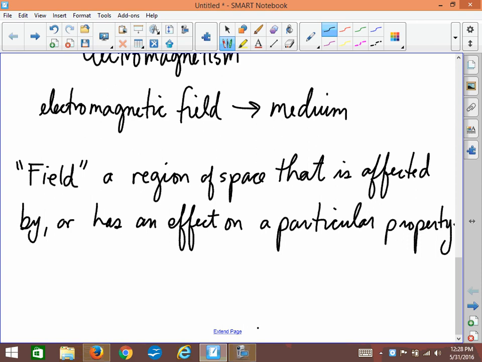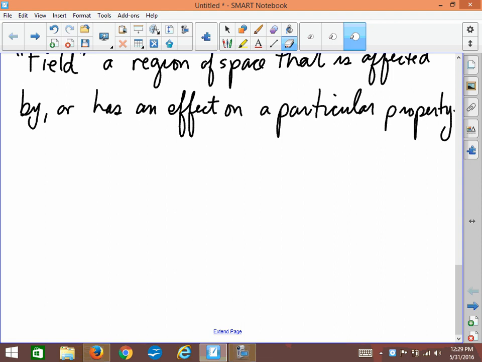So a force field is a field that is affected by forces. Darth Vader, Luke Skywalker, they raise their hands up and they can somehow cause forces to act on things, to lift them up or throw them away or whatever. And a magnetic field is a field that is affected by things that are magnetic. And magnetic things would change the field or affect the field. So an electromagnetic field, then, is a field that is affected by a very particular property.